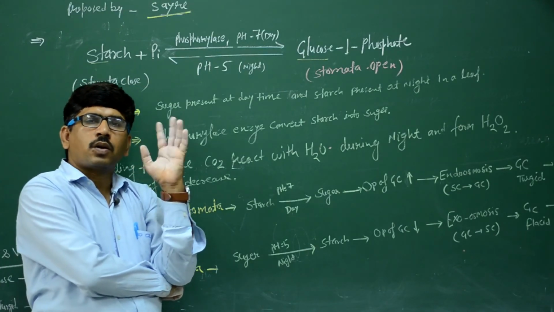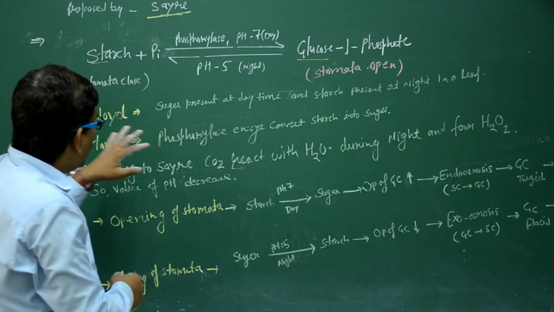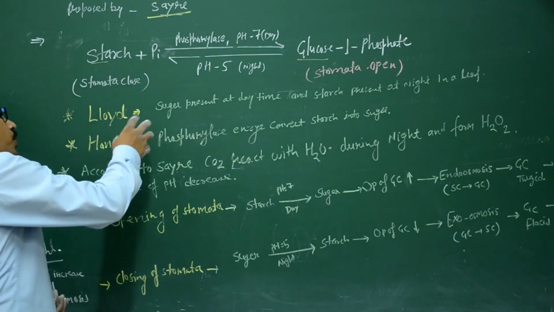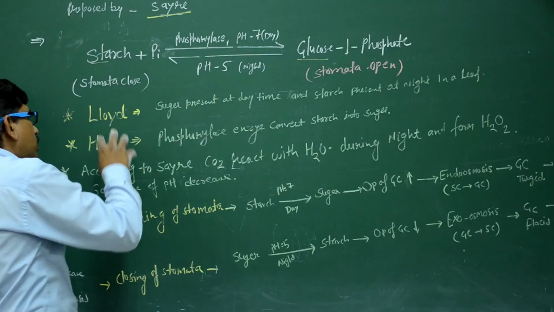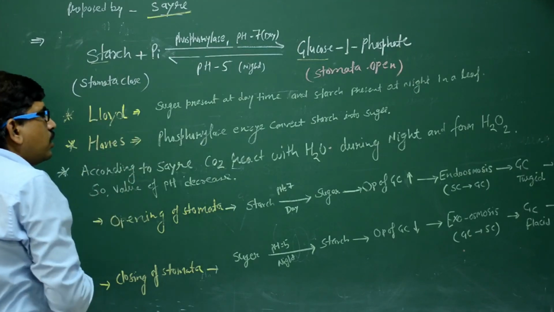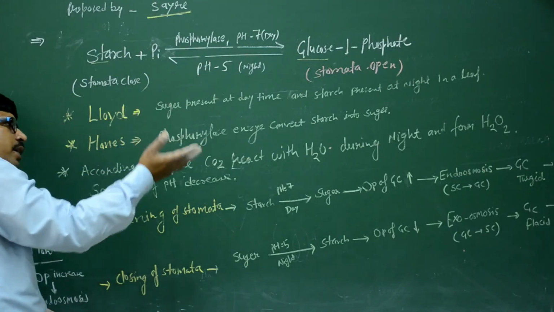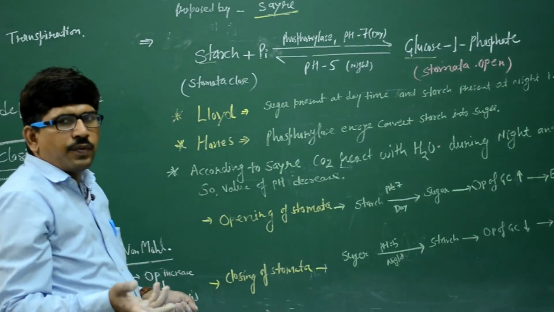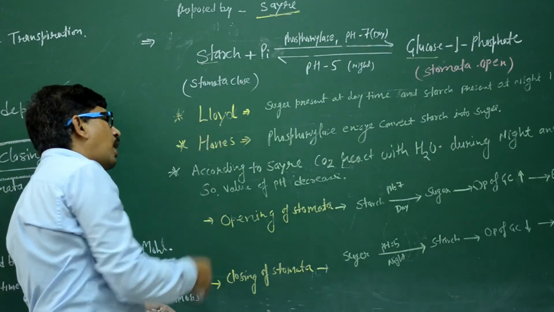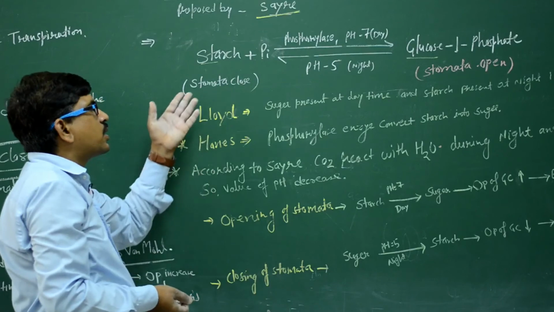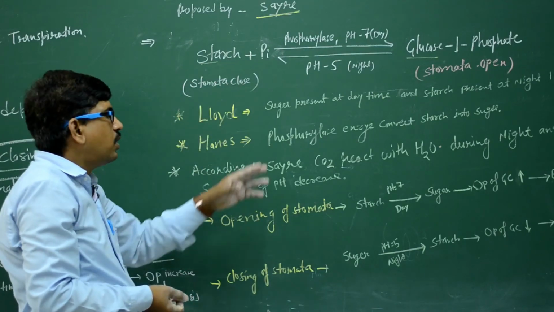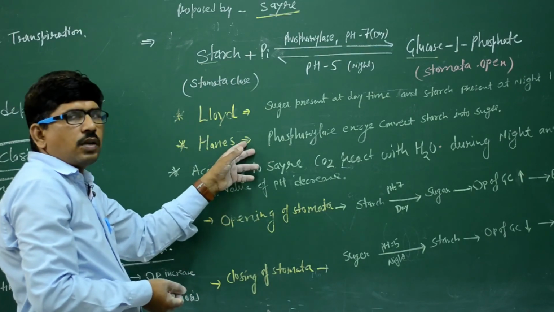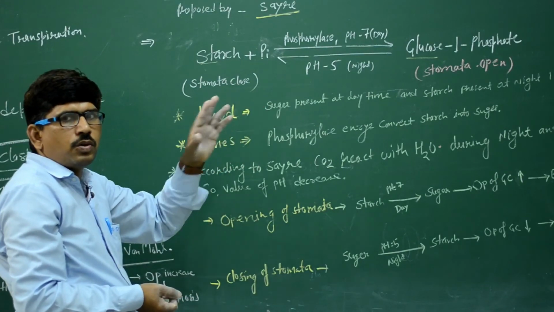Stomata is closed. So this theory is supported by the lights, and hence sugar is present in the daytime and starch is present in the night time, and hence the enzyme phosphorylase was discovered for the conversion of starch into sugar.